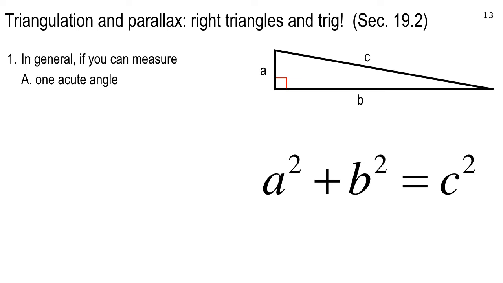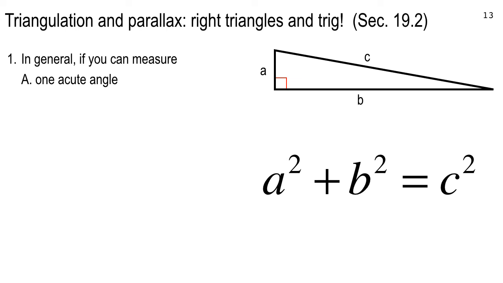And parallax is all just a little bit of trig with right triangles. It's nothing fancy. Everybody knows that a squared plus b squared equals c squared on a right triangle. I think everybody's seen that before.